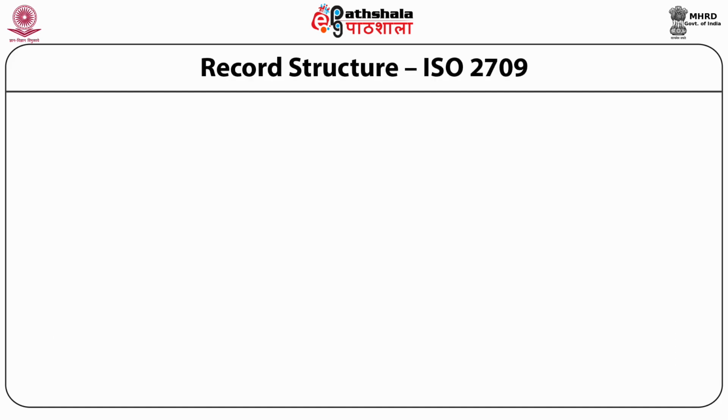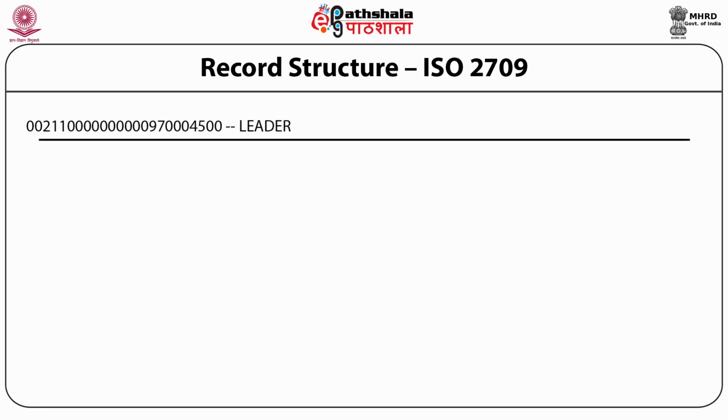Record structure. Here in this slide we have presented the record structure in ISO 2709 format. It is an exported format from a CDS/ISIS database. Here you can see the record has three parts. The first part is known as the leader, which contains the information about the length of the record and the maximum size of a particular field.